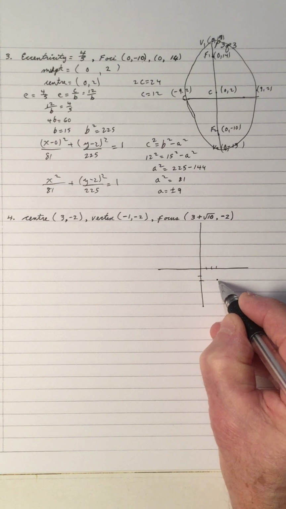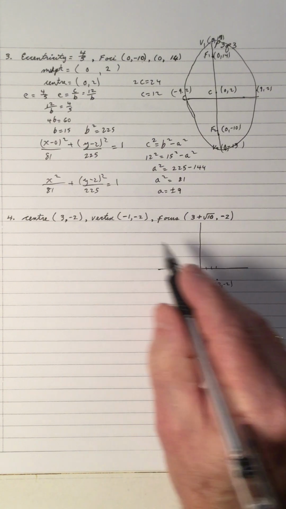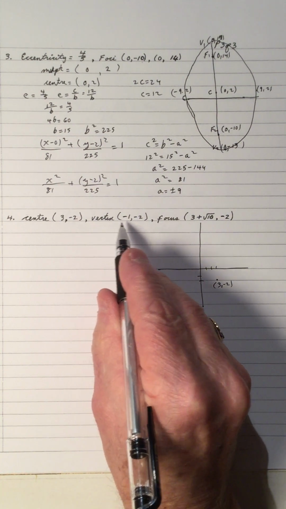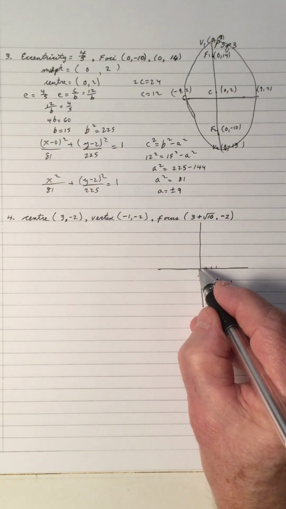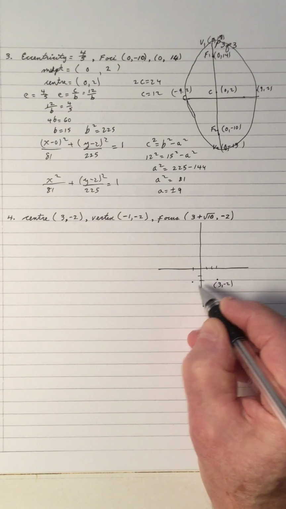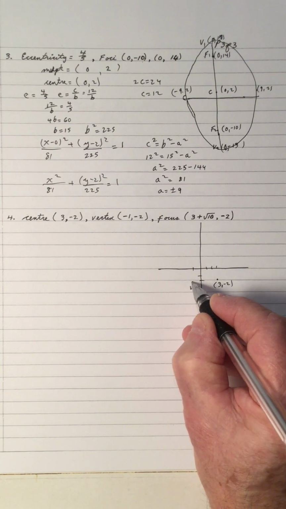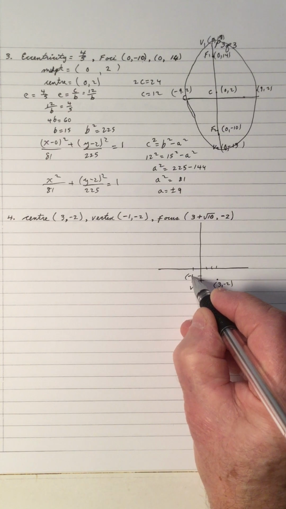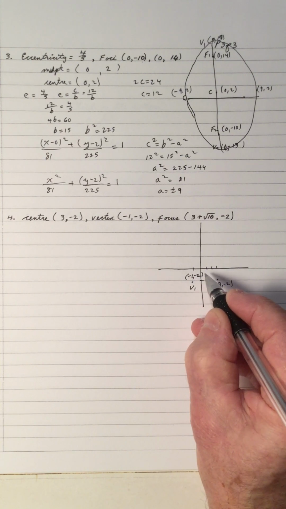So, there's the center. One of the vertices is x is -1, -2. So that's a vertex. Let's call it right there. So this is (-1, -2).